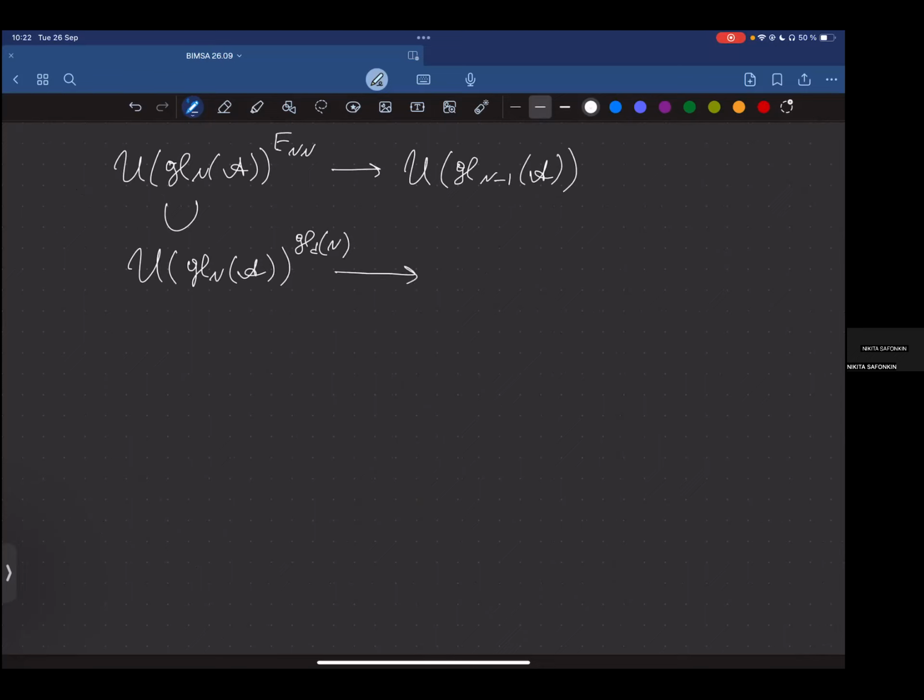And this projection along L_n will land in these invariants, just because if we take an element which is invariant under this action, after the projection along L_n it will be invariant as well. So this guy is P_n.